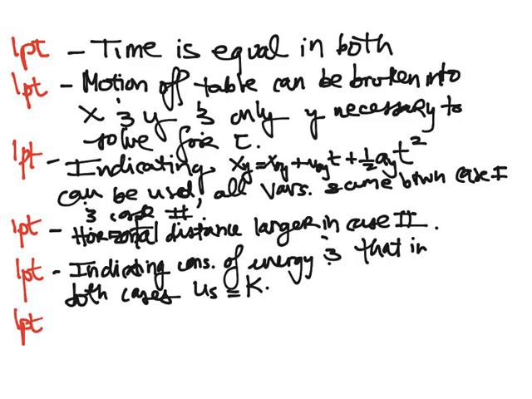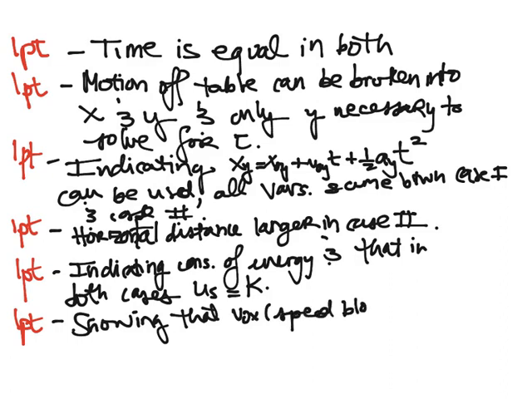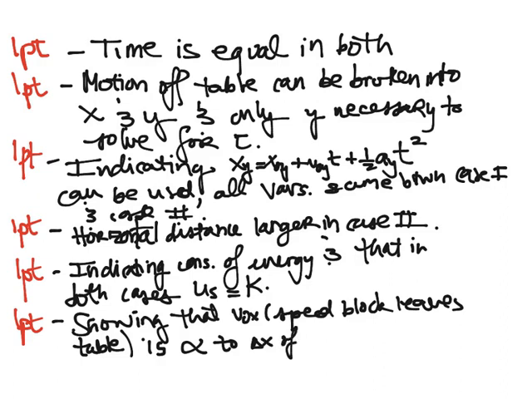You get 1 point for in some way showing that VOX, okay, the speed the block leaves the table is proportional to delta X of the spring.